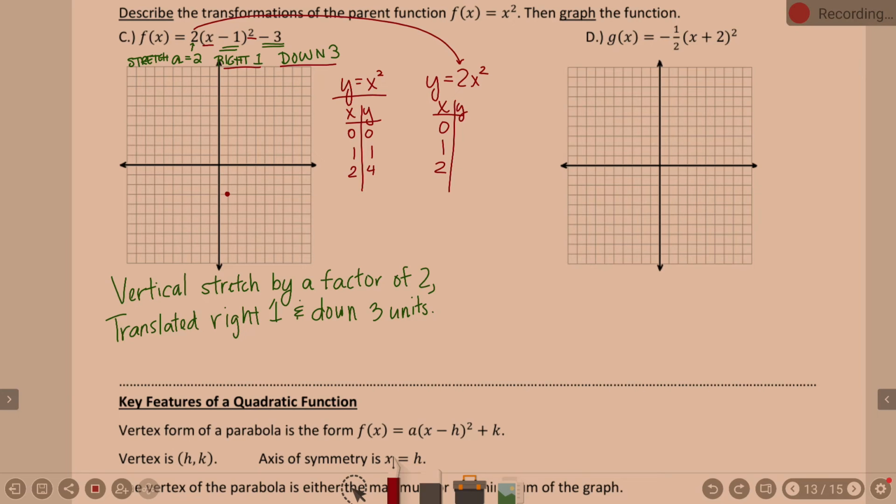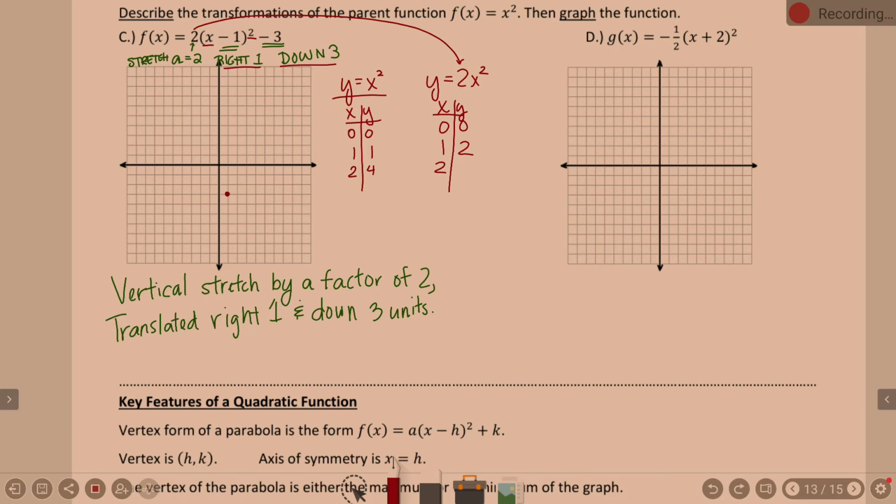If you think about the 0, 1, 2 chart, well, 0, 0 is always going to be 0, 0 representing the vertex. If you put in 1, 1 squared is 1 times 2 is 2. So instead of going over 1, up 1, you're going to go over 1, up 2.